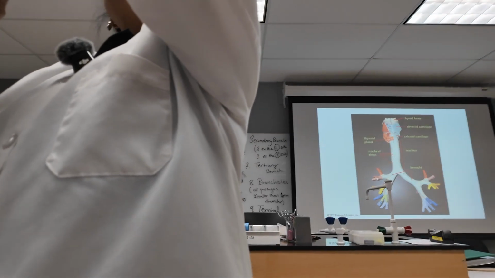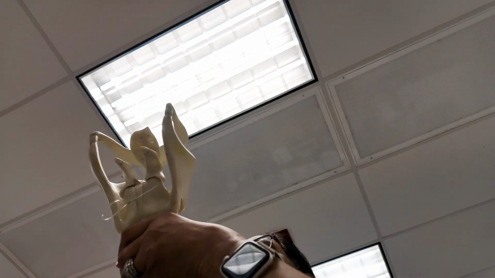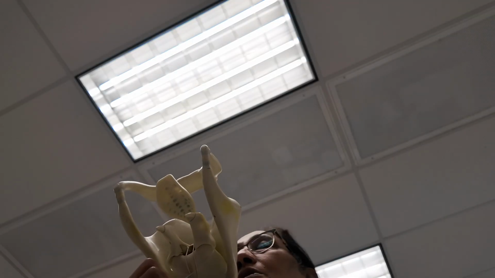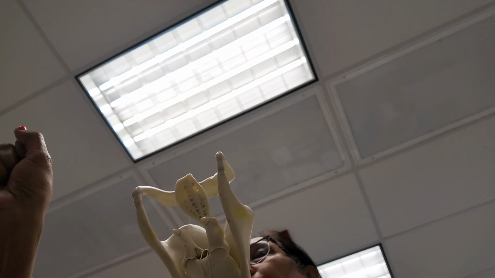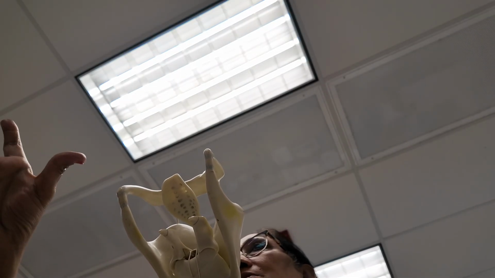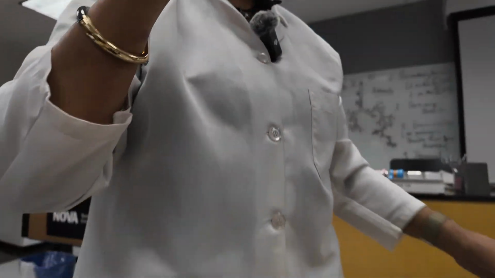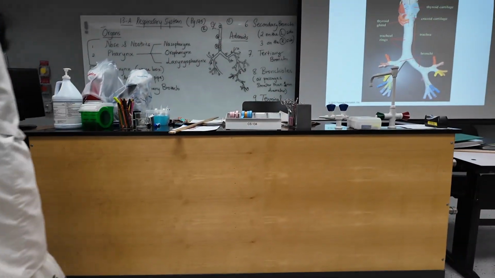So, what is this structure? Epiglottis. This is the epiglottis. In this one you can actually pull the string and it shows you how the vocal cords go back and open and close, open and close. This is one vocal cord, this is the other side. The one that is important for making the sound is the true vocal cord.